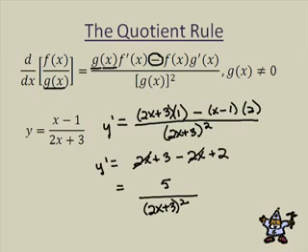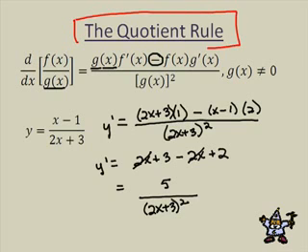So there is our derivative. That is the quotient rule. I know it looks kind of icky and you think, oh, I'm never ever going to be able to remember it, but it doesn't take very many repetitions to get that one down.